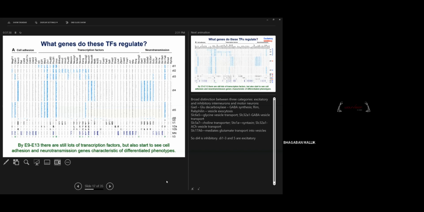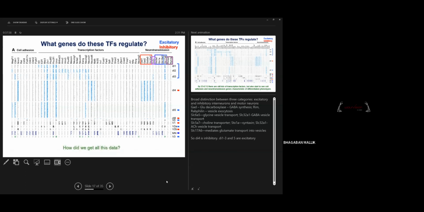You have different sets of genes also expressed that are required for neurotransmission, in addition to the transcription factors. Some of these are inhibitory neurons and some are excitatory neurons, which is color coded: red is inhibitory and blue is excitatory. I just want to show the different types of transcription factors.